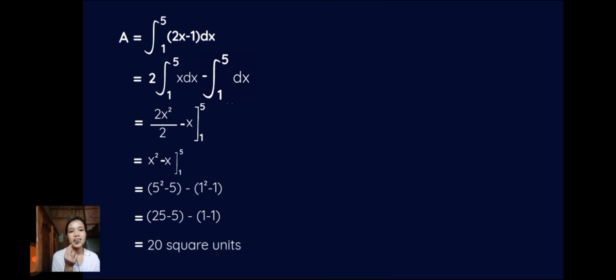So, the answer is 20 square units. So, the area of the region bounded by 2x minus 1 from 1 to 5 is 20 square units.